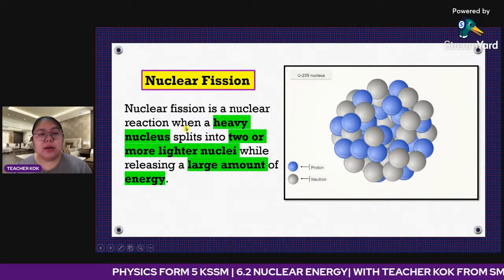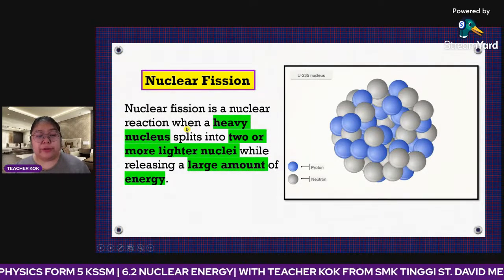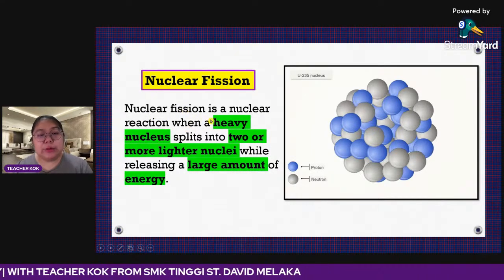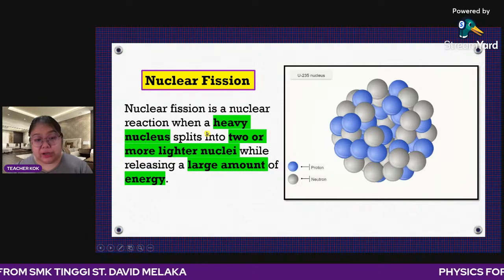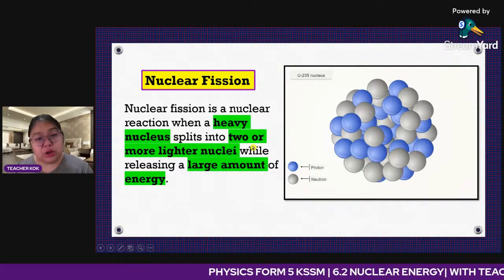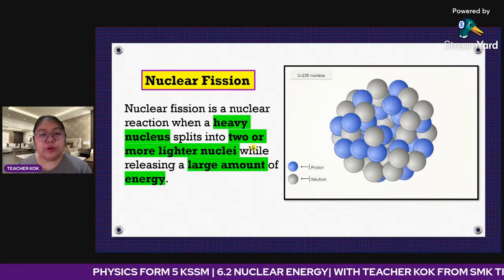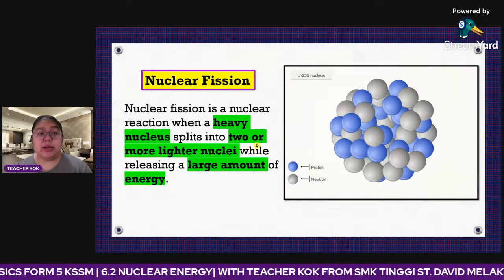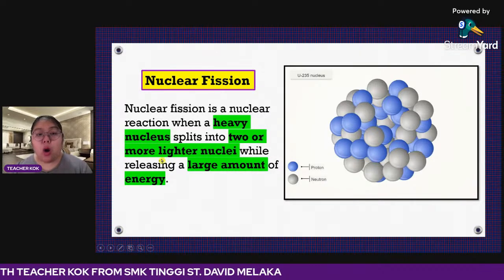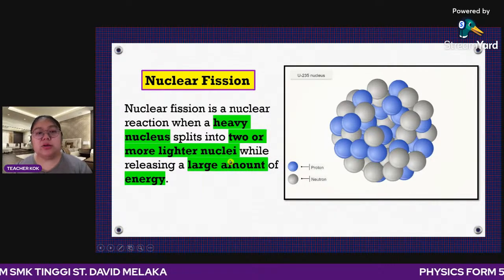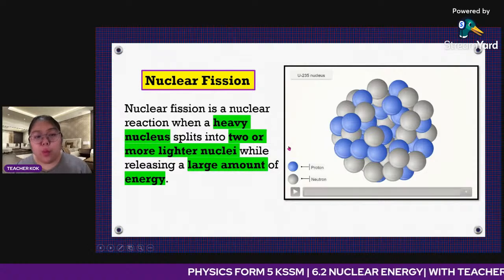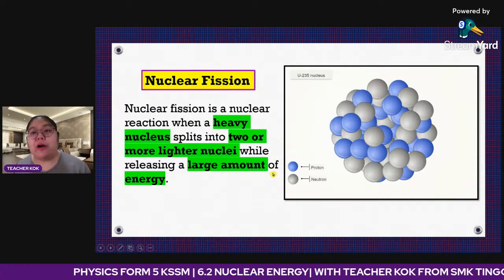Double S. You see what the meaning of nuclear fission is? All the keywords I already highlighted using the green color, so you can see carefully. Nuclear fission is a nuclear reaction when a heavy nucleus, so they must start from a heavy nucleus, for example uranium, which is one of the big nuclei, will split into two or more lighter nuclei, while releasing a large amount of energy.